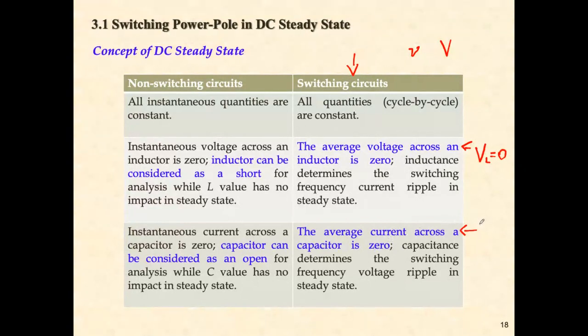So for average current we need to use the capital I, and then capital C for capacitor is equal to 0. At this moment, you just need to remember these two statements, and later you'll know how we can use those for our waveforms or calculations.